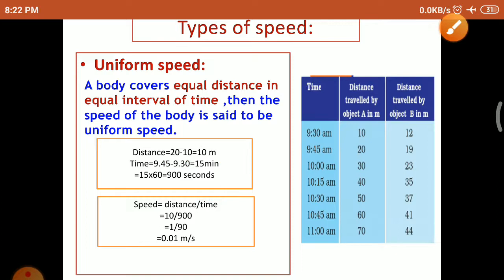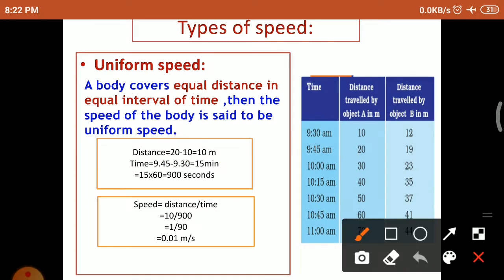Now I calculate the speed. You know the formula of speed: speed equals distance by time. The value of distance is 10 and the value of time is 900 seconds. If I divide 10 by 900, I get 0.01 meter per second. So the speed is 0.01 meter per second. Here I took only these two values.